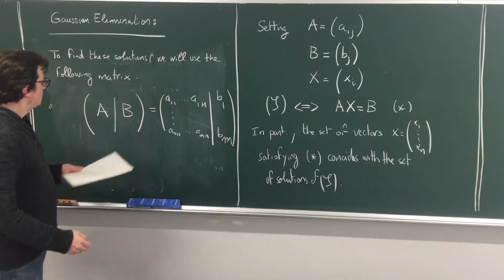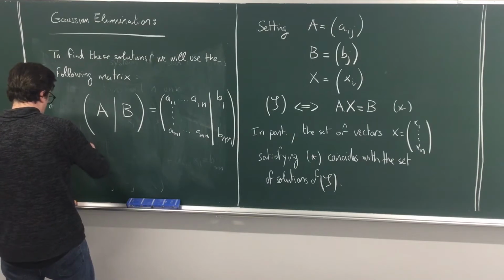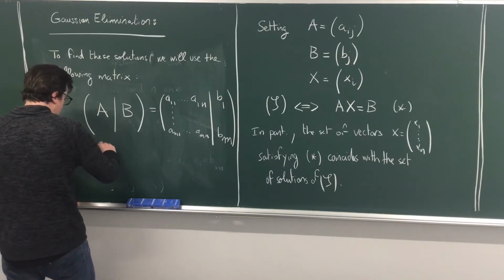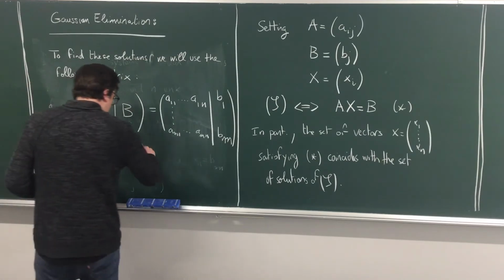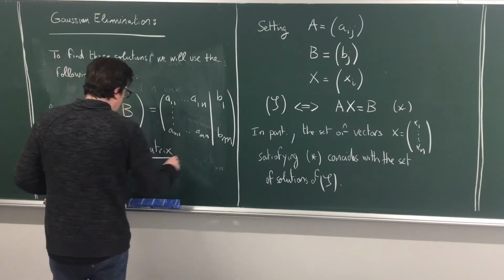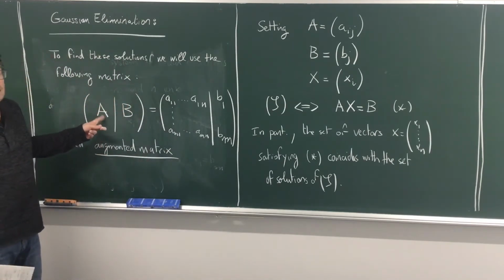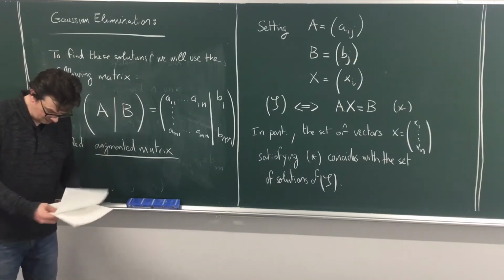Okay, so this is a so-called augmented matrix. So you augment the matrix A with the data of B, and you call it the augmented matrix.